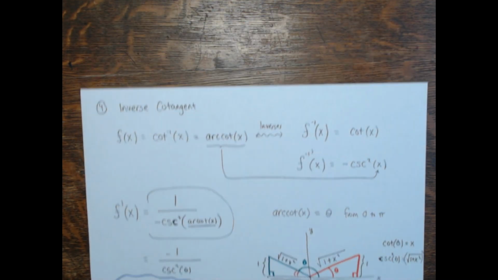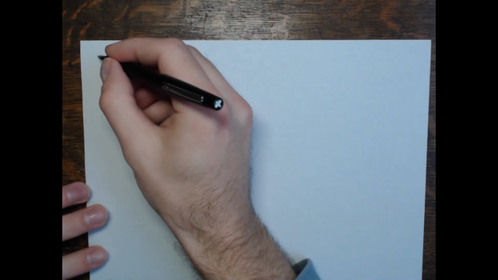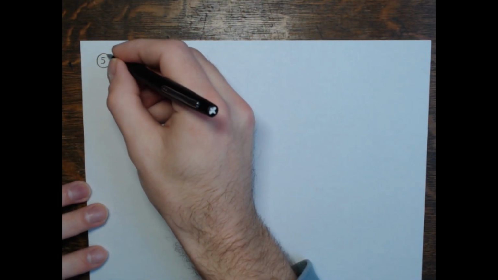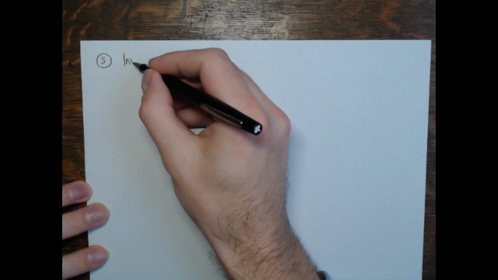All right, so we're getting near the end here. We got 2 more. So again, we'll see these two are opposites. We'll have inverse secant and inverse cosecant. So inverse secant.